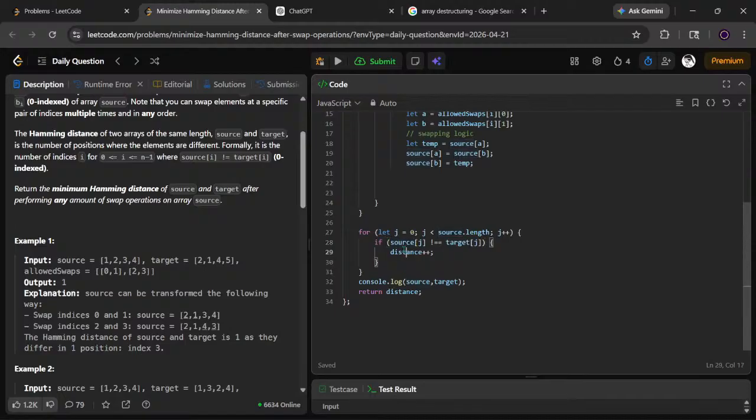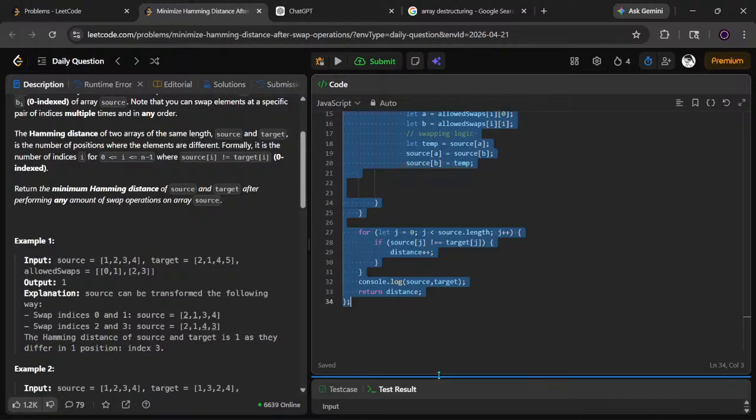Now we only need to figure out how we can calculate the differences.